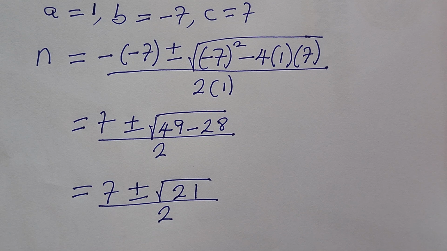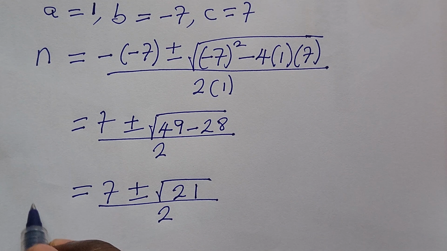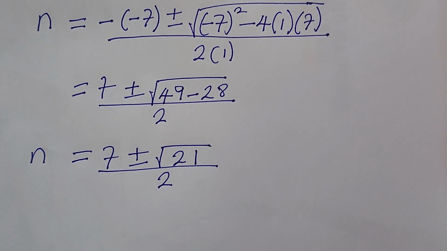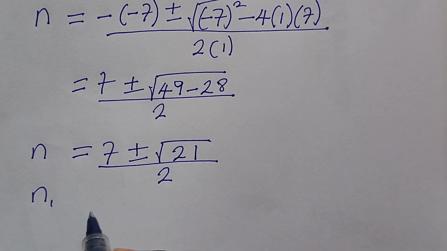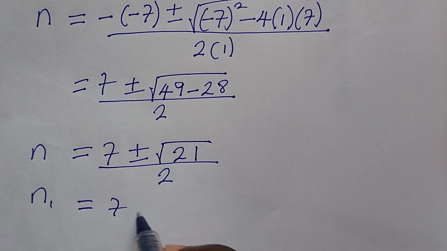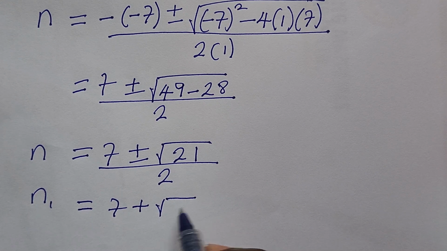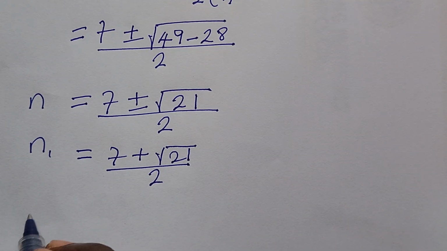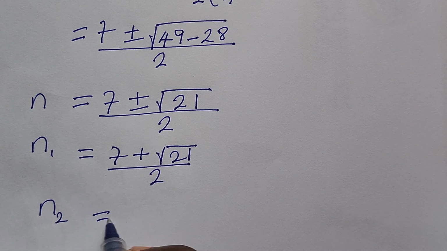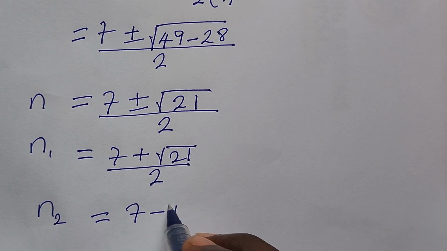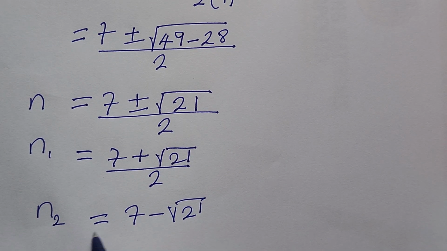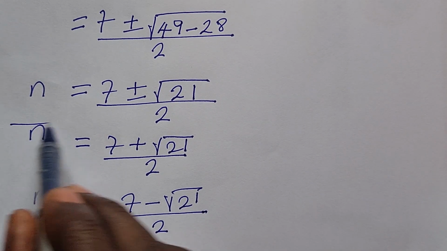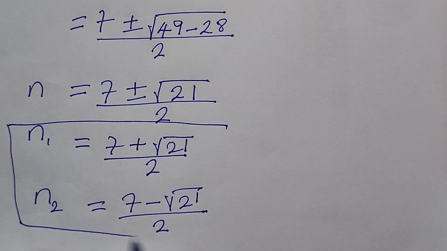So we have two solutions from here. We have n1 equal to 7 plus the square root of 21 all over 2, and n2 equal to 7 minus the square root of 21 all over 2. So we're considering these two solutions now.